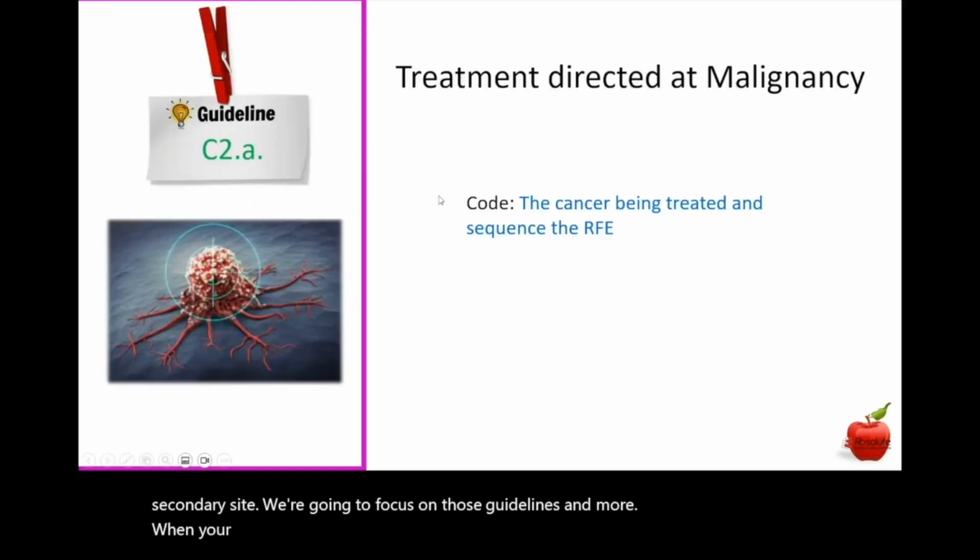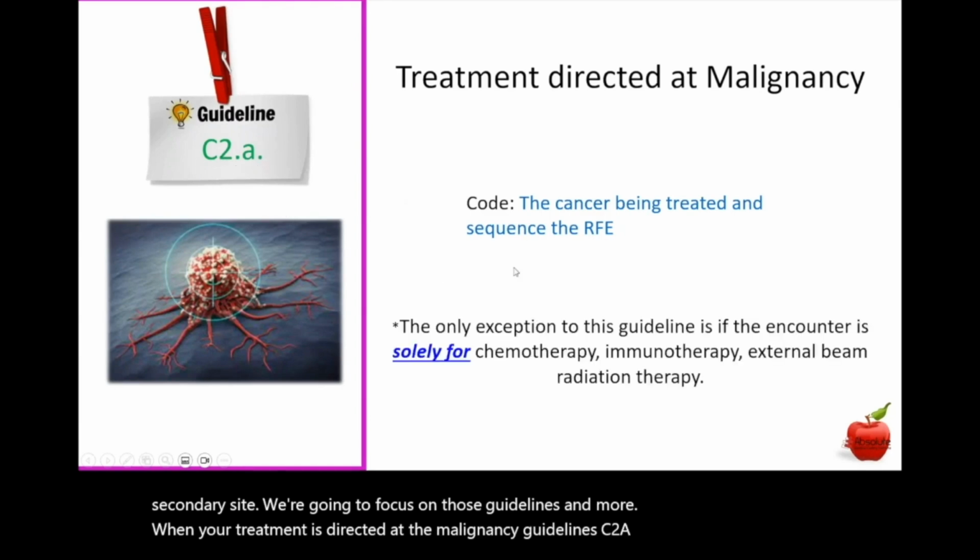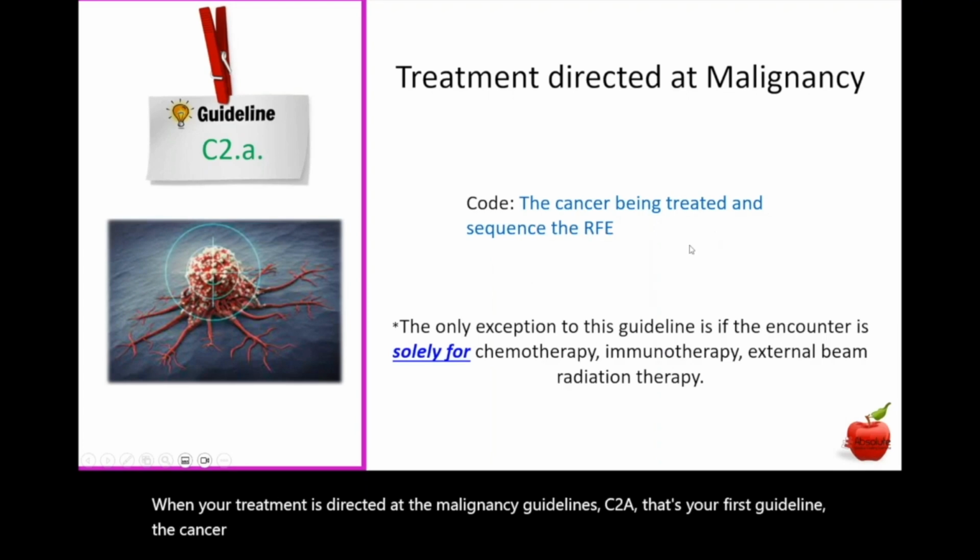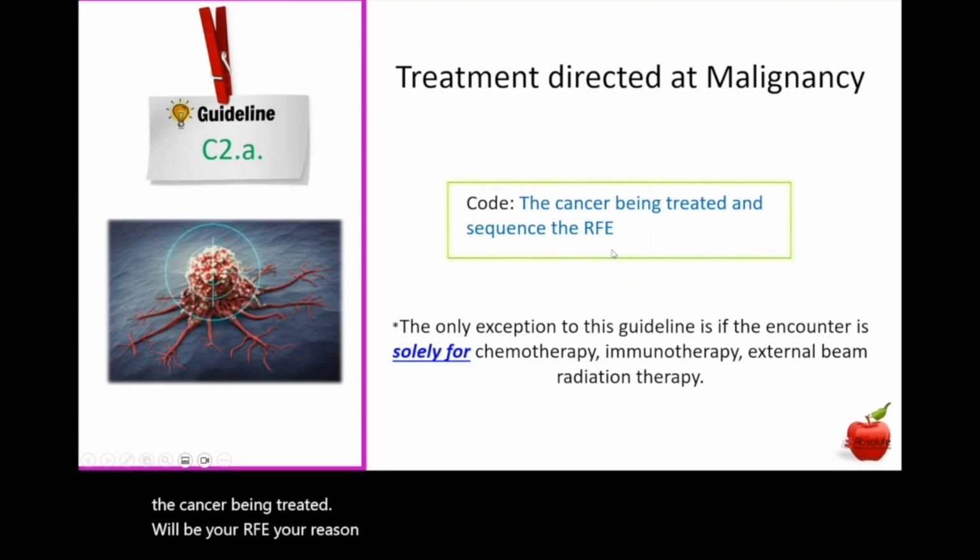When your treatment is directed at the malignancy, guideline C2A, that's your first guideline, the cancer being treated will be your RFE, your reason for the encounter, or what you're going to sequence first.